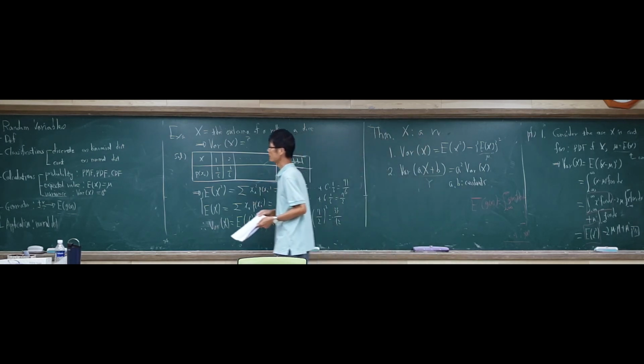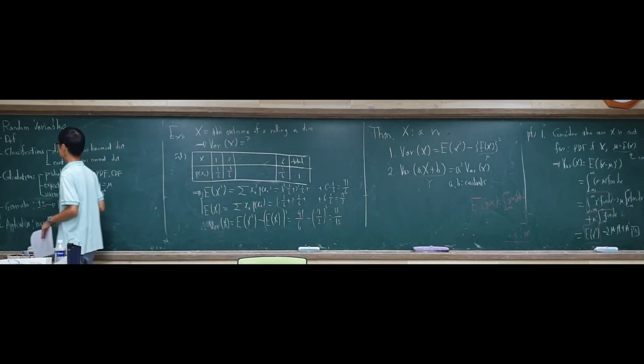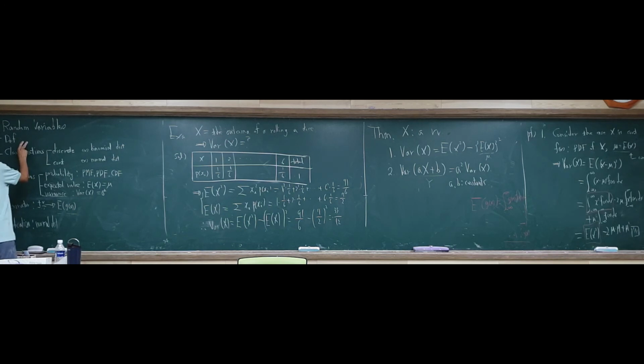We have studied what is a random variable, and a random variable can be classified as a discrete or continuous random variable. And for these two cases, we have studied how to calculate the probability by using the probability mass function for the case of a discrete random variable.